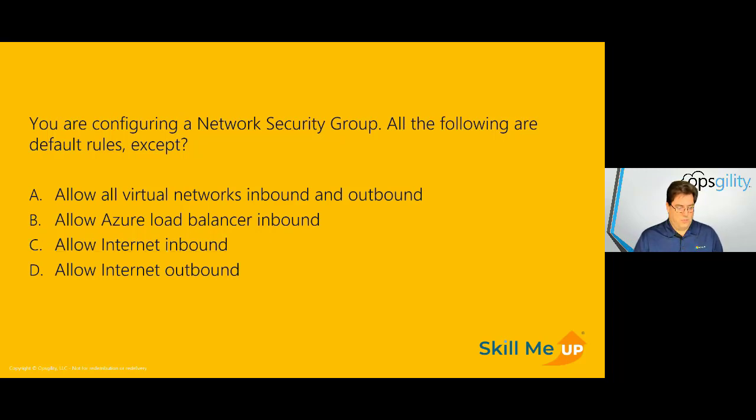We don't want to do that, but they're asking for the one that is not the default, because we do allow internet traffic outbound. Sorry, I misinterpreted the question. So all of these are default rules because those are things that we want to block or allow.